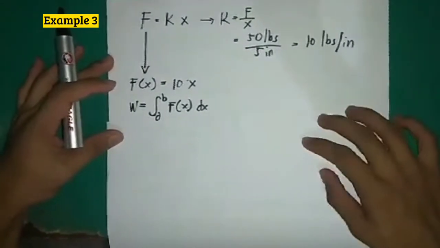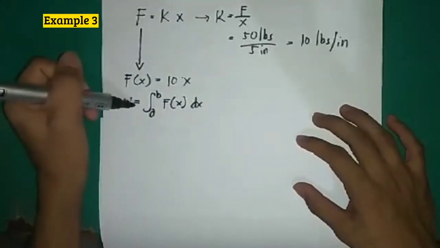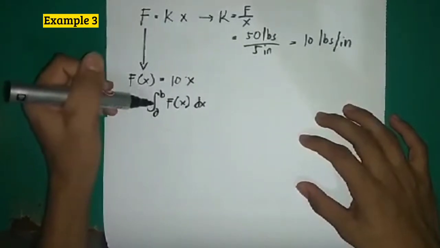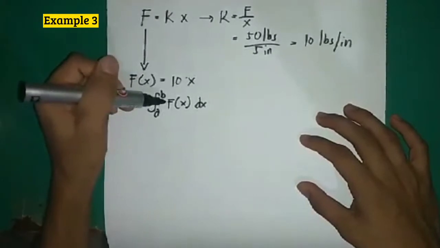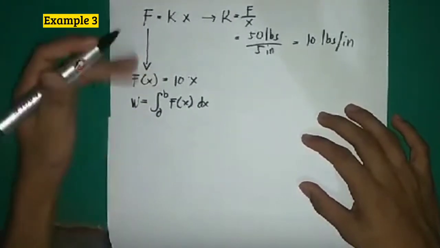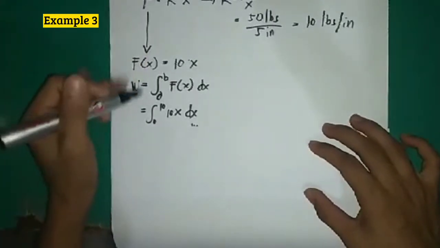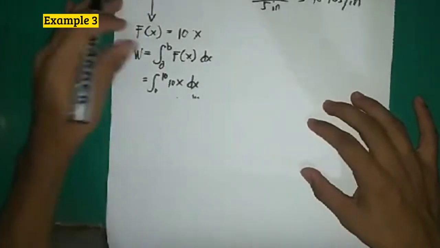And the next formula is work. Work is equal to the definite integral from A to B of the force function times dx. So A is equal to 0 while B is equal to 10, and f of x is 10x dx.